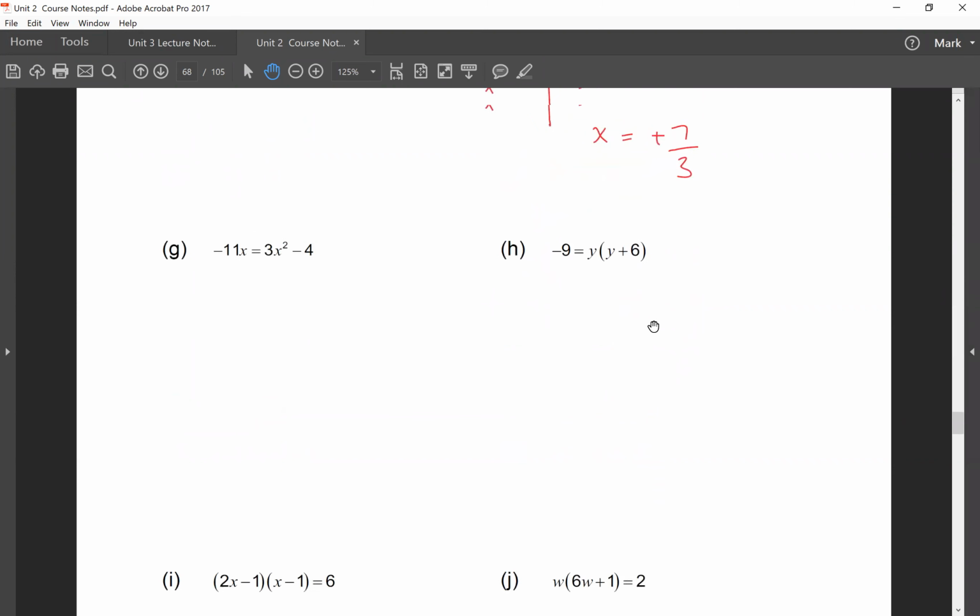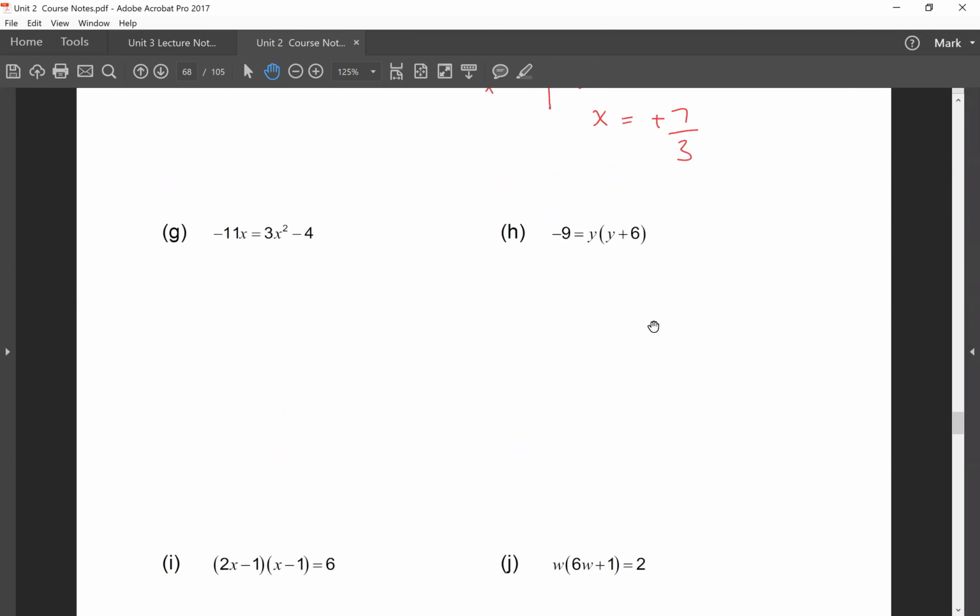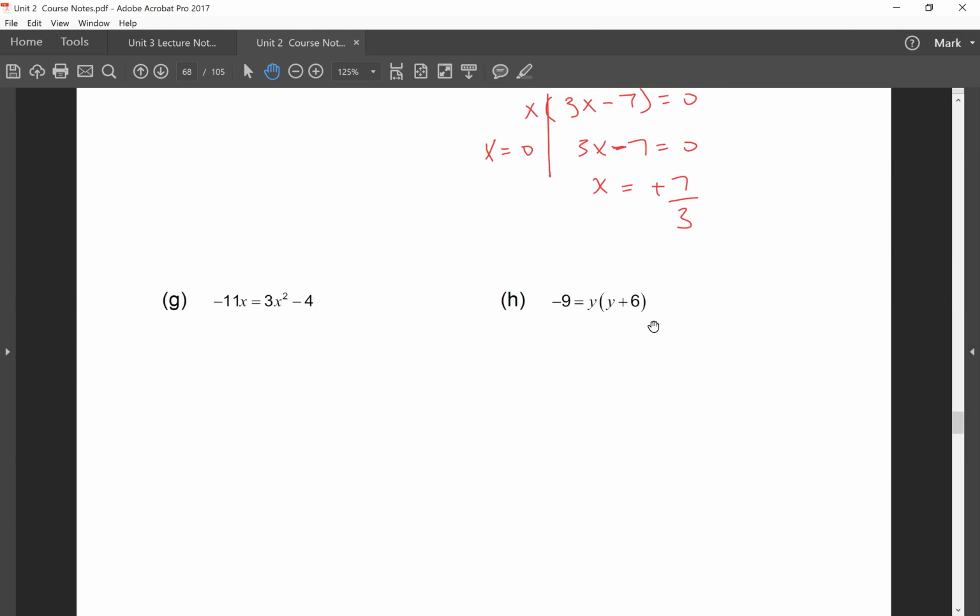All right, what about H? Something like question H. Okay, well, we're going to do the same thing for question H. The only thing we need to do extra is we need to kind of expand on this. We need to multiply the y out first.